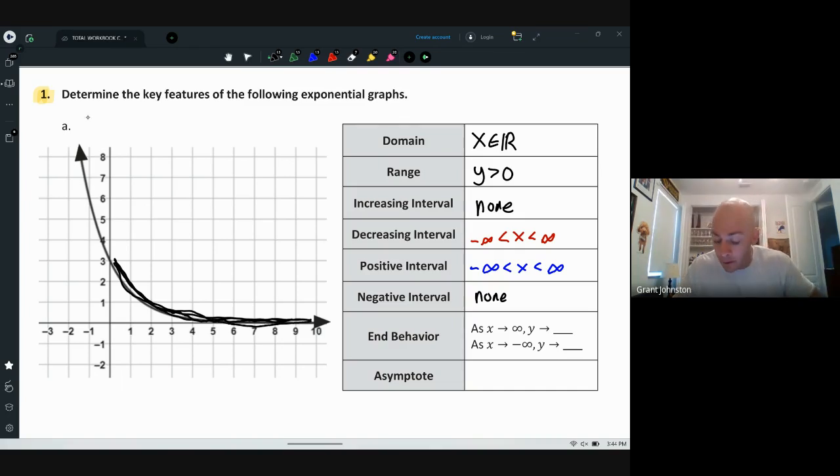So as x goes to positive infinity, y approaches 0. It doesn't go down to negative infinity. It doesn't go up to positive infinity. It literally just approaches the y value of 0. Meanwhile, as x goes to negative infinity, as we go this way, it's going up to positive infinity.